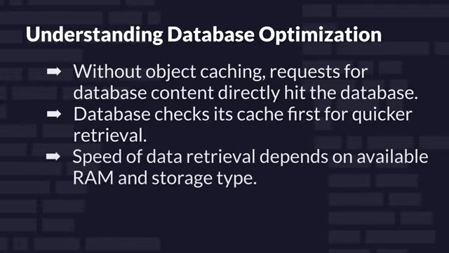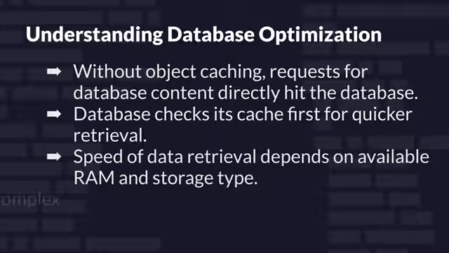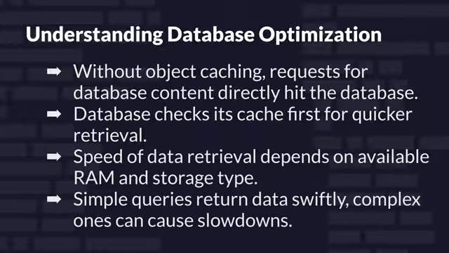The speed of retrieving the data depends on available RAM and the storage type, with NVMe being the fastest and HDD being the slowest. Simple queries return data immediately to the PHP call, while complex queries requiring temp tables demand more processing time and can slow down the website or cause server issues under high traffic.